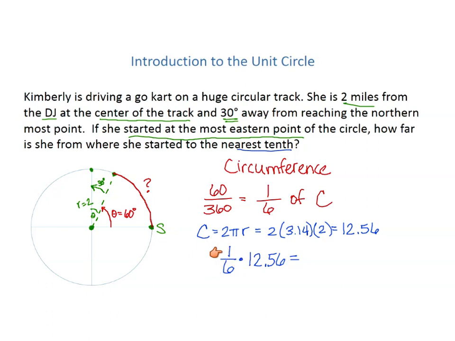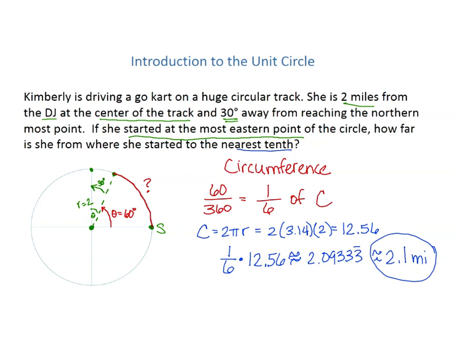So 12.56 times 1, and then divided by 6 gives me approximately 2.0933, and it repeats. And so if I'm rounding to the nearest tenth, that would be 2.1 miles.